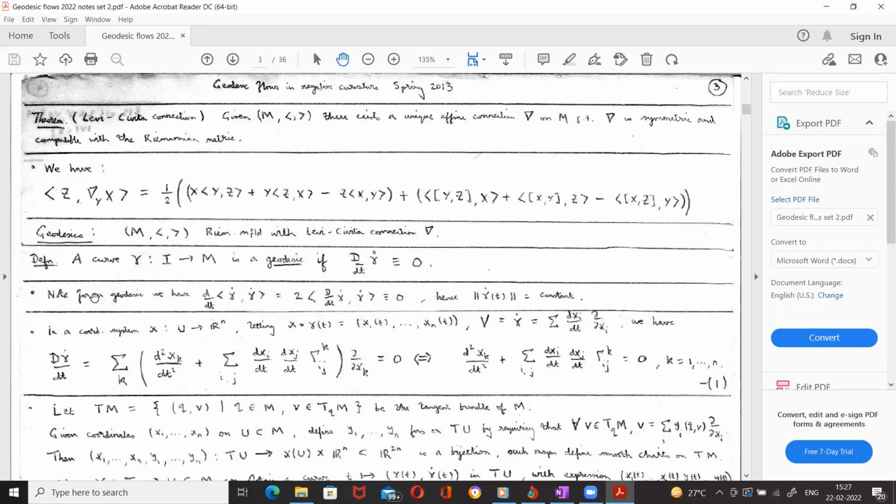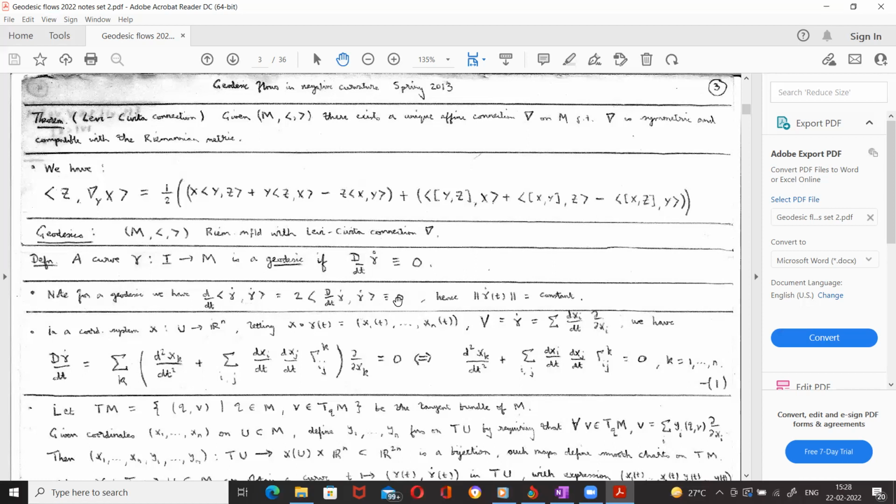And so therefore, if I have a geodesic gamma, then if I look at the norm squared of gamma dot, that means the speed squared, and take d/dt of this, then because the connection is metric compatible, d/dt of the inner product of gamma dot with itself is 2 times the inner product of capital D/dt of gamma dot with gamma dot, and capital D/dt of gamma dot is 0.